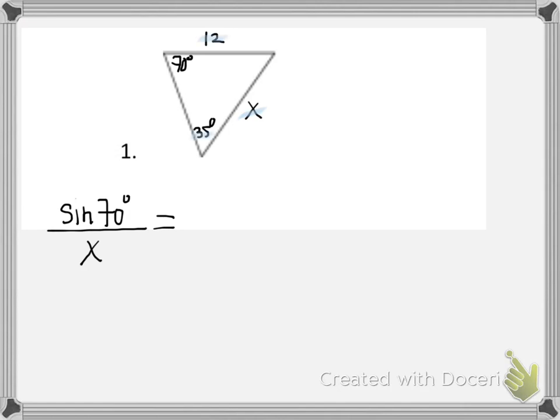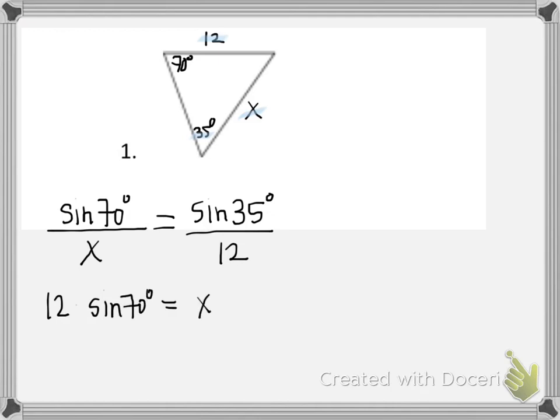So sine of 35 divided by the side 12. If you cross multiply, you'll get 12 times sine of 70 is equal to x times sine of 35.